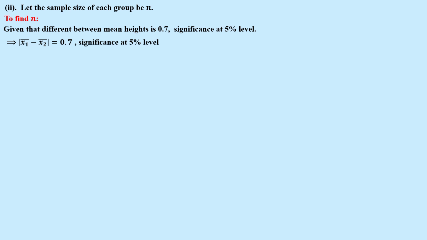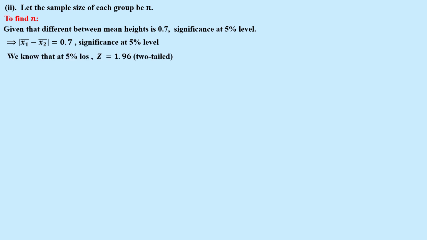Next, the second question. Let the sample size of each group be n. To find n, we need the size of the sample. Given that the difference between the mean heights is 0.7, significant at 5% level. So x1 bar minus x2 bar is equal to 0.7 at 5% level.